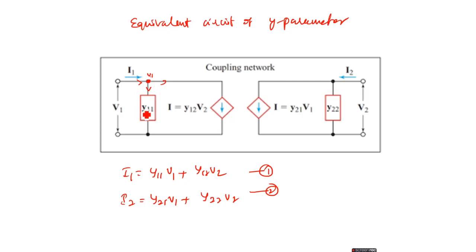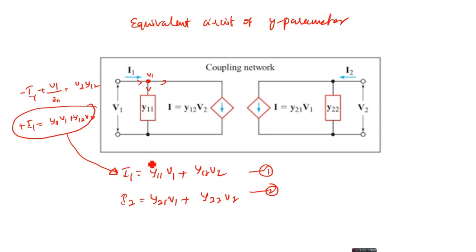So I write here minus I1 plus V1 divided by Z11 plus the current given here, V2 into Y12. What is 1 divided by Z11? It is Y11. So I1 equals Y11 V1 plus Y12 into V2.